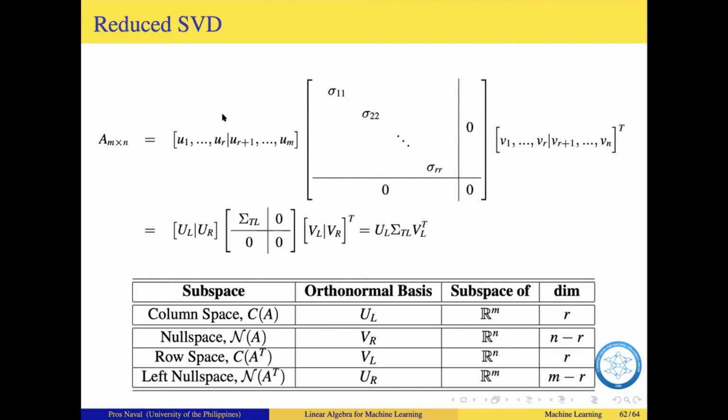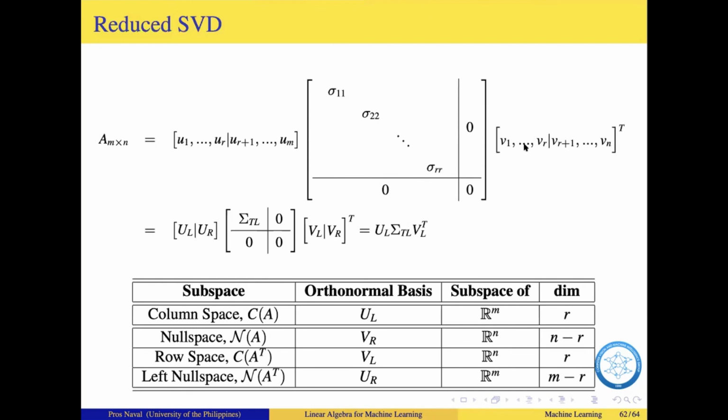We have actually partitioned this matrix into two. The first R left singular vectors are these, and the remaining ones are these. We call the first R vectors UL, L for left. And this part here will be your UR. So this U here is composed of this partitioned matrix whose submatrices are UL and UR.